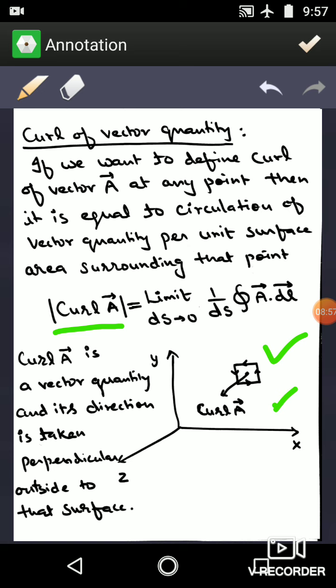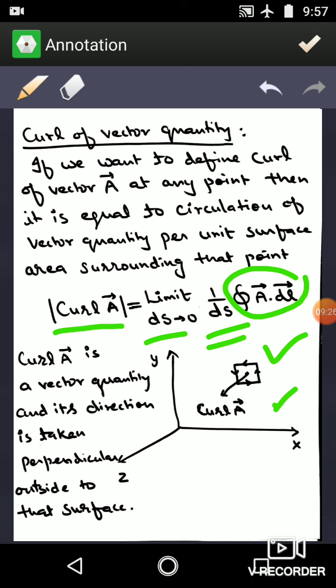It is defined as the circulation of that vector quantity along a closed curve, that is, the line integration of vector A along the closed curve, per unit surface area, that is, divided by ds. Also, we are applying a condition according to which we have to take the surface area infinitesimal.